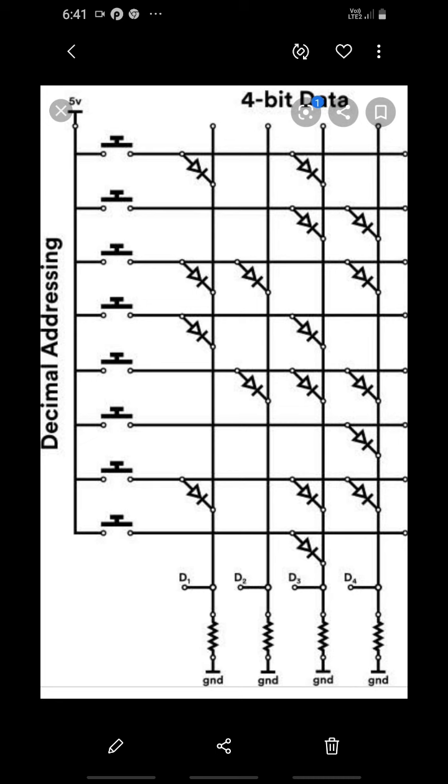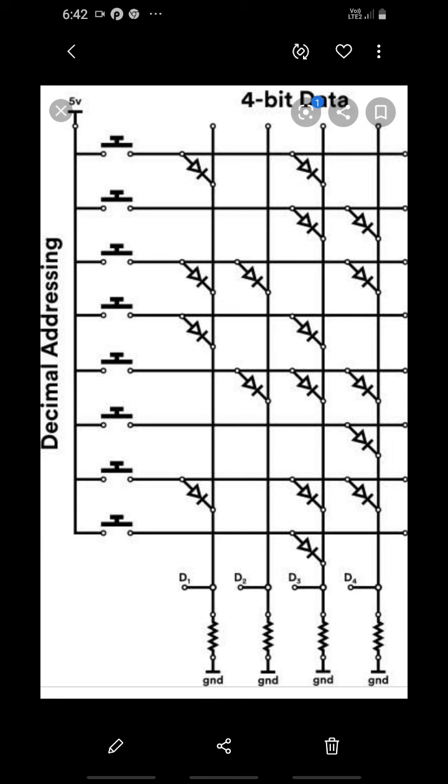Now the circuit diagram of the diode ROM. As shown in the above PPT, the diagram of the diode ROM. Here it contains 8 different switches, meaning 0 to 7, and a 5 volt power supply.